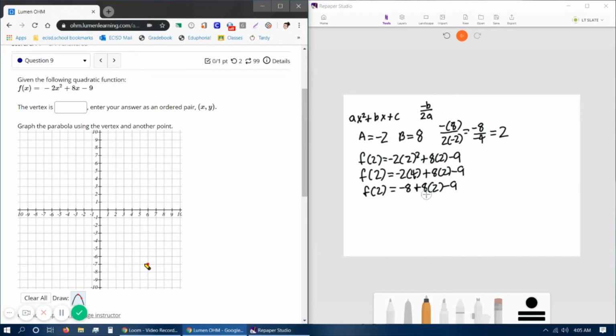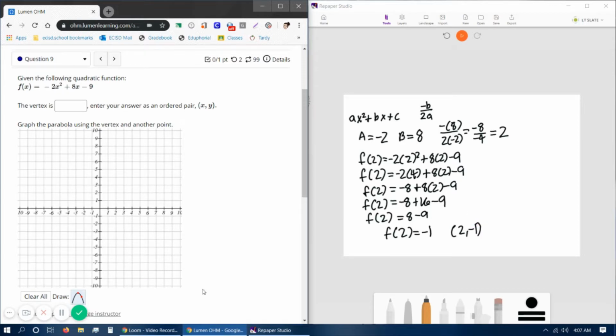Next, I can multiply 8 and 2, giving me f of 2 equals negative 8 plus 16 minus 9. Negative 8 and 16 will give me f of 2 equals 8 minus 9, which will give me a final answer of f of 2 equals negative 1. This means that my vertex is at 2, negative 1.